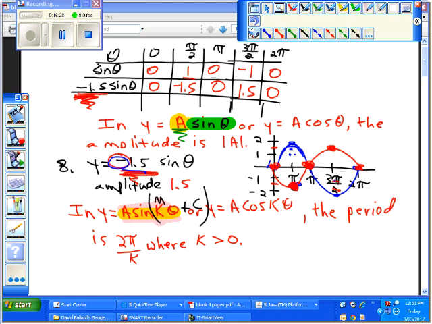And this is being multiplied, and it's inside. So what's going to happen is my x's are all going to get divided by that number. Now, my x's are going to go in a normal period to 2 pi. That's normally how far your x's go in one cycle, right? One period is normally 2 pi for x.